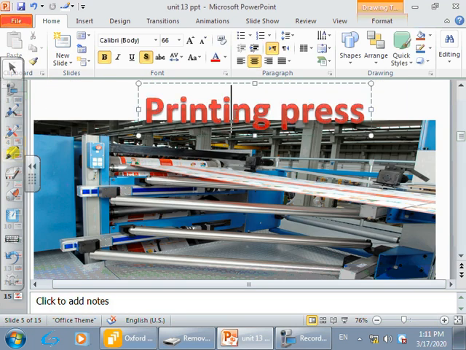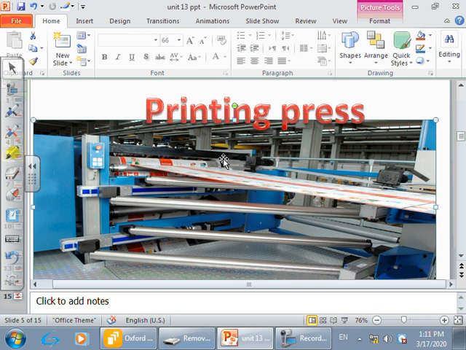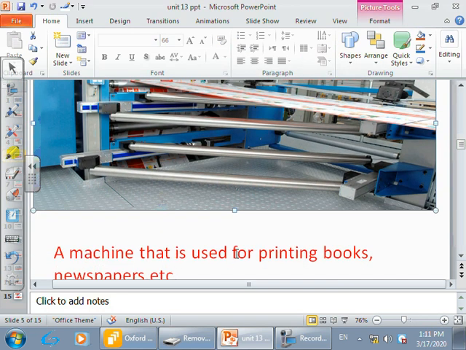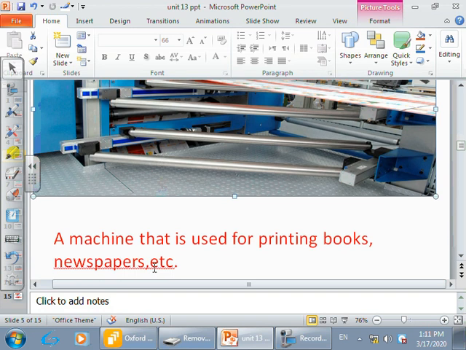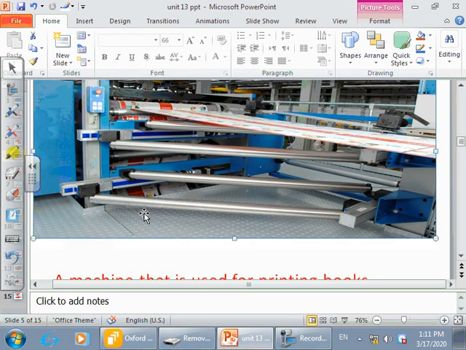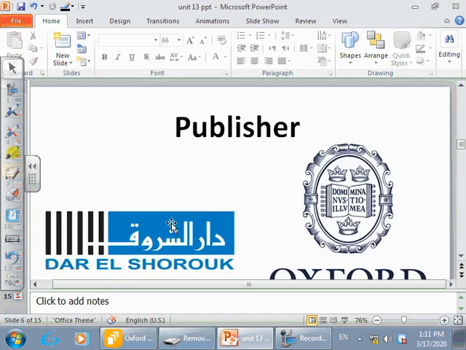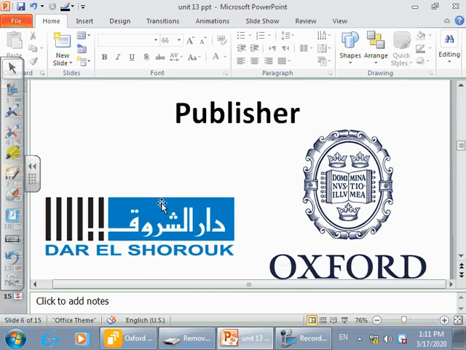Printing press. Printing press, guys, is a machine that is used for printing books, newspapers. Publisher. We have here in Egypt, from the most important publishers are Dar al-Nashr and Oxford.